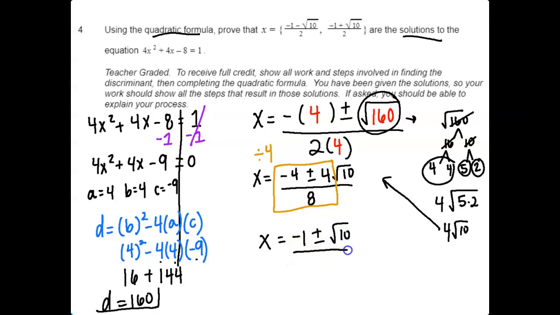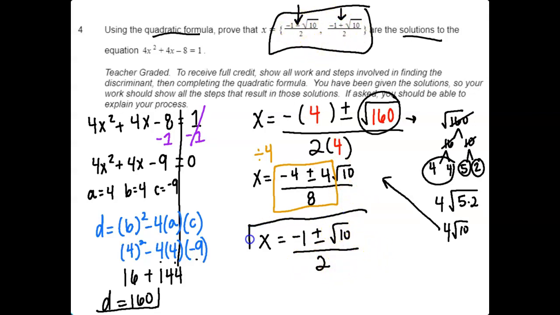You can if you want. And then 8 divided by 4 is 2. If you had gotten to this, then that's how that matches, because remember that 1 is a plus and 1 is a minus. So you can leave it like this, or you can write it as 2 separate solutions.